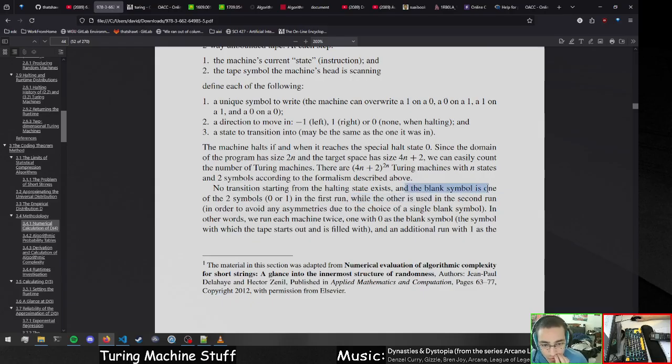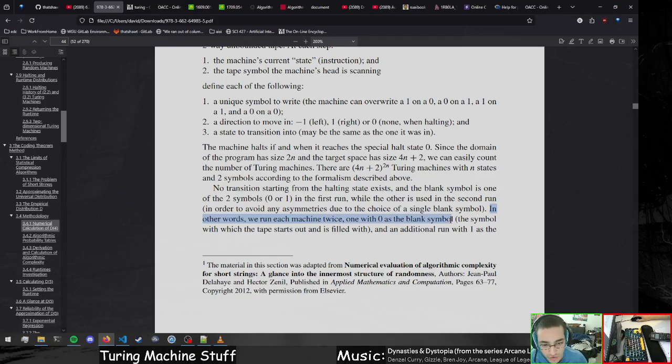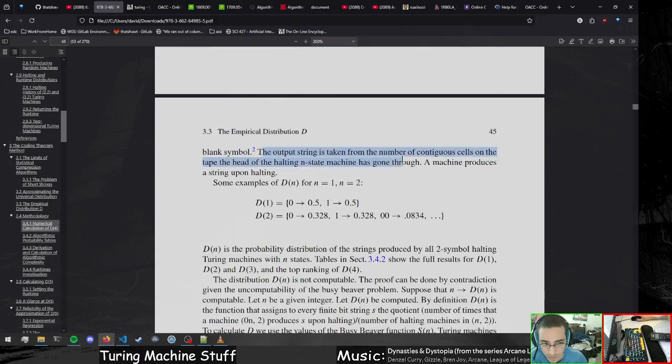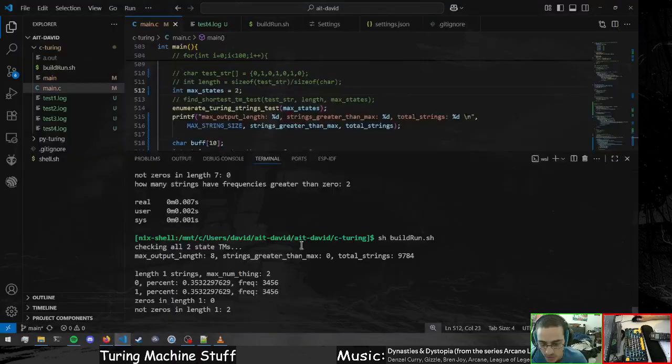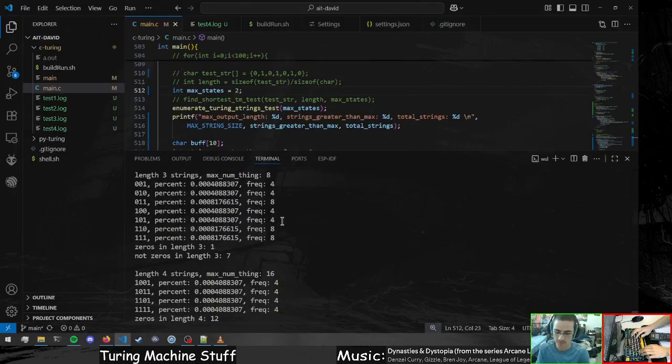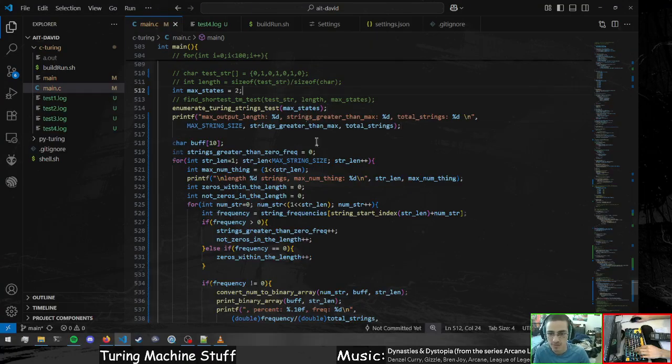The blank symbol is one of the two symbols in the first run, while the other is used in the second run in order to avoid any symmetries due to the choice of a single blank symbol. In other words, we run each machine twice. One with 0 as the blank symbol, and an additional run with 1 as the blank symbol. So I'm supposed to run it twice. Okay. That is interesting.